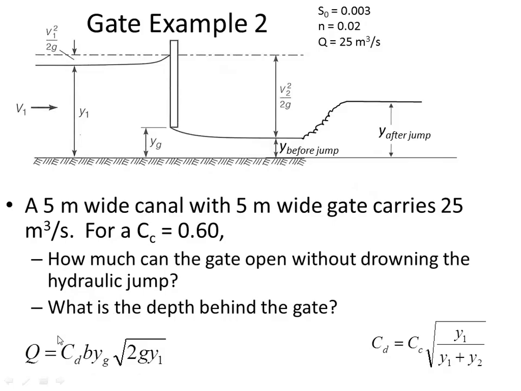And that tells us the depth before the jump. And we'll assume the coefficient of contraction is 0.6, and so then that's how you find y sub g, because there will be some coefficient of contraction that relates y sub g and the y before the jump.